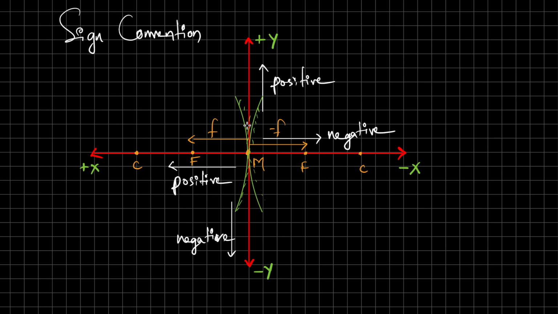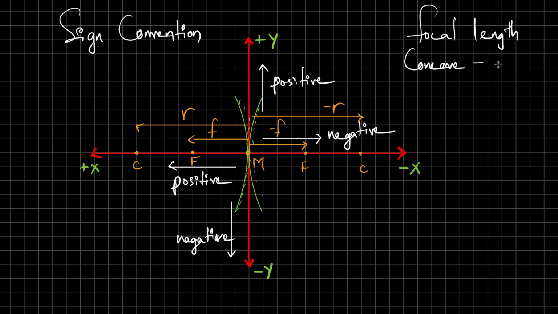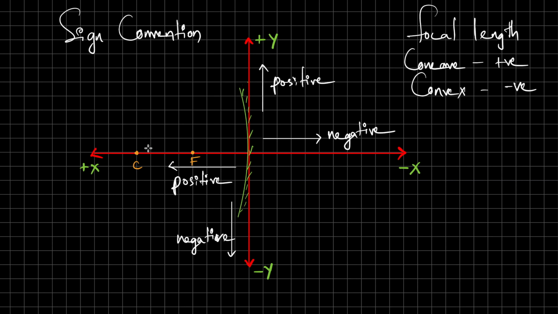For a concave mirror, radius of curvature is positive. For a convex mirror, radius of curvature is negative. Focal length of a concave mirror is positive. That of a convex mirror is negative.